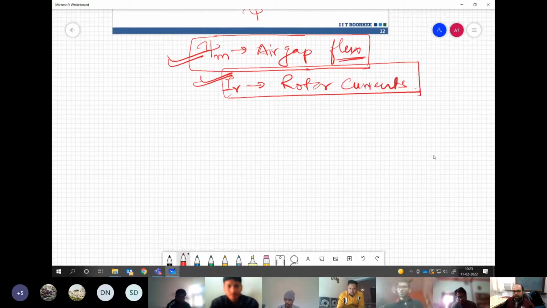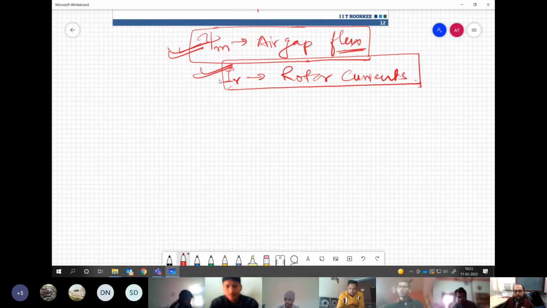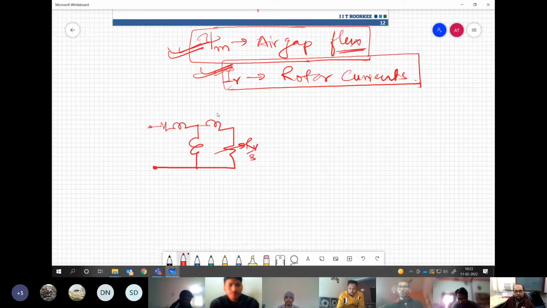Now we need to see how this flux is generated, how current is generated, and how they are oriented in phasor form for a general nth harmonic or fundamental component. So we know the equivalent circuit of induction motor is something like this. RS and this is LM, let us say.